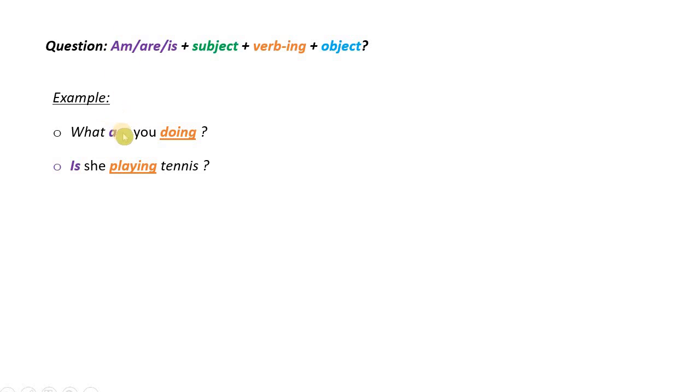Here, as we said before, we put the auxiliary to be before the subject in the question form, and of course the verb plus ing. The second example, is she playing tennis? Again, the auxiliary, the subject, the verb with ing, and tennis is the object.